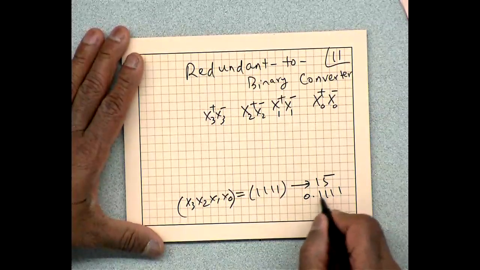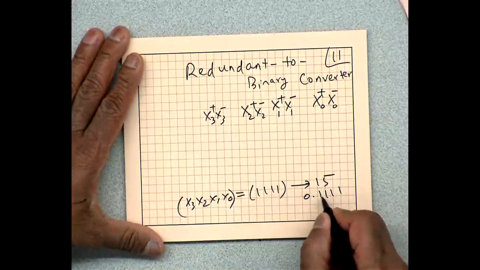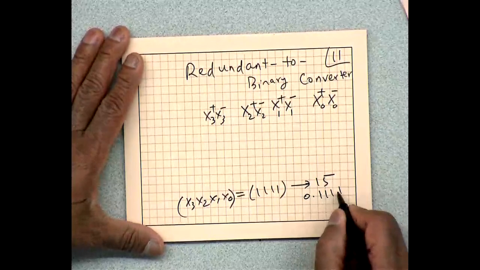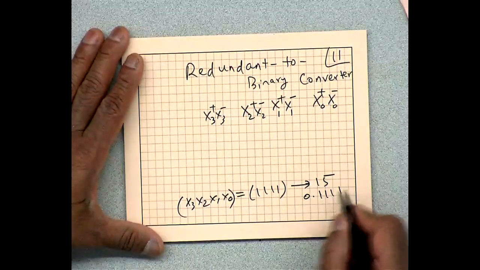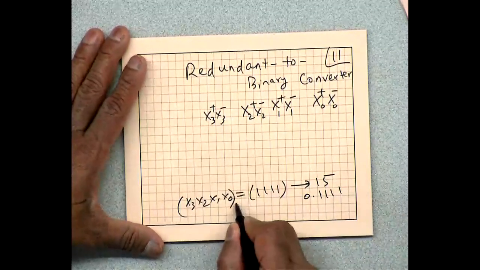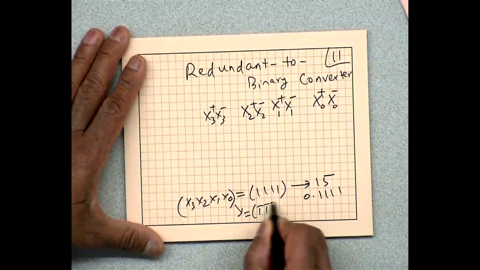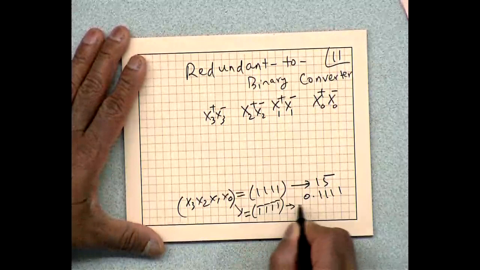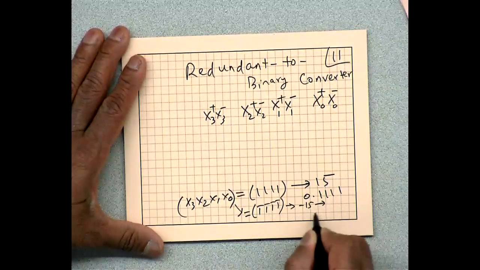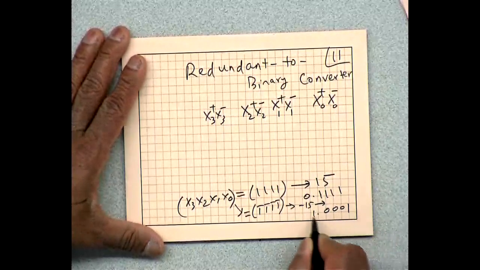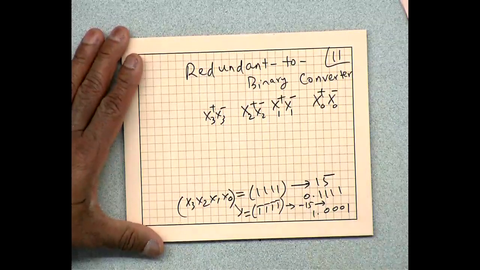So if I interpreted this as the most significant, that would be minus 8 plus 7, that would be minus 1. So if x3, x2, x1, x0 is equal to 1 bar, 1 bar, 1 bar, 1 bar, this result would be minus 15, which would be in 2's complement 1.0001, minus 16 plus 1, which is minus 15.